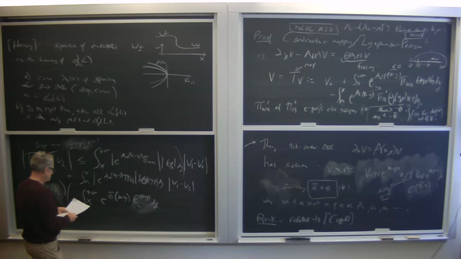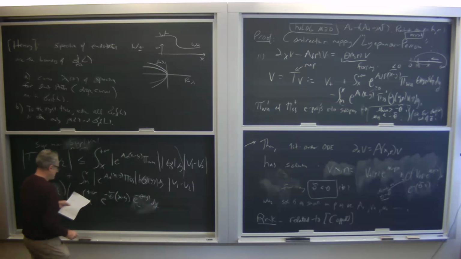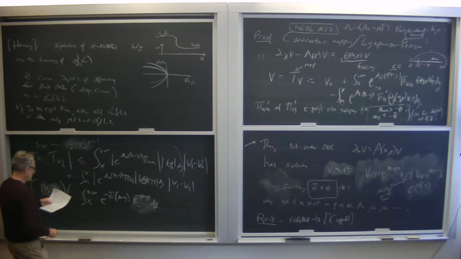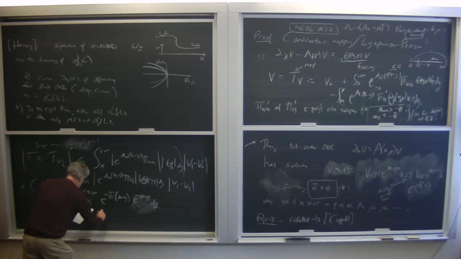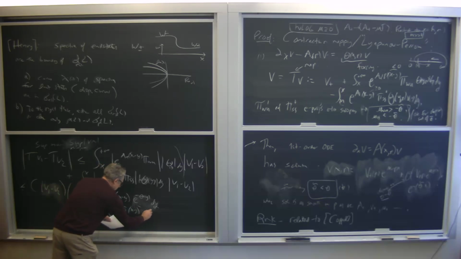Let's see. This is minus theta tilde. And then I have plus the integral from m to x of e to the minus theta tilde (x minus y), e to the minus theta y dy.